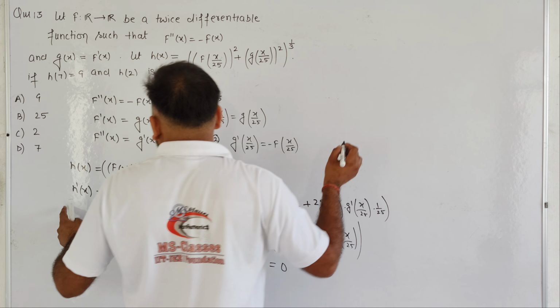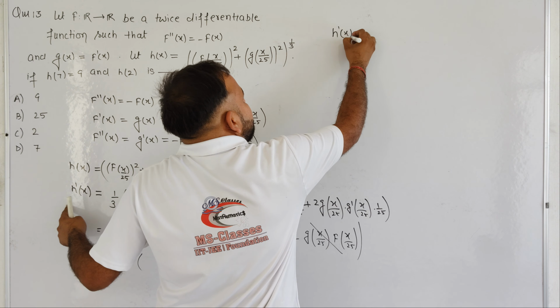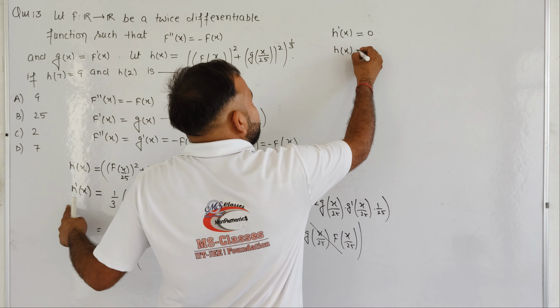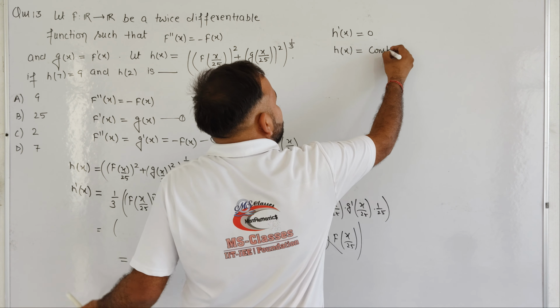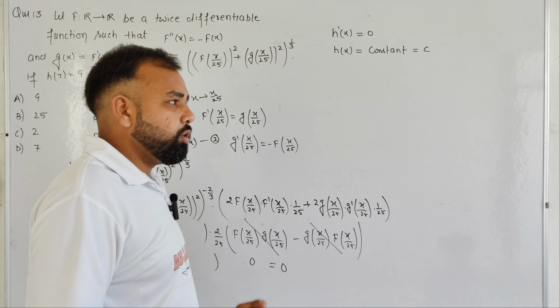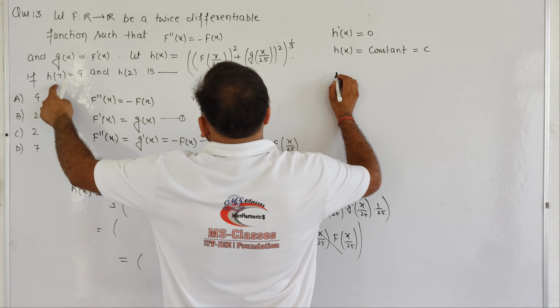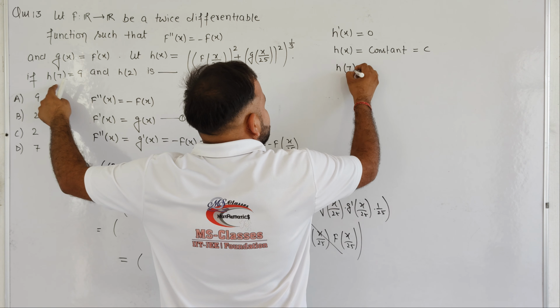So basically, student, you can say that h dash x will become 0, and if the derivative of some function is 0, that means the function is constant. That means the function is constant, and let us consider that constant is c. But in the same situation, there is a condition that h of 7 equals 9.